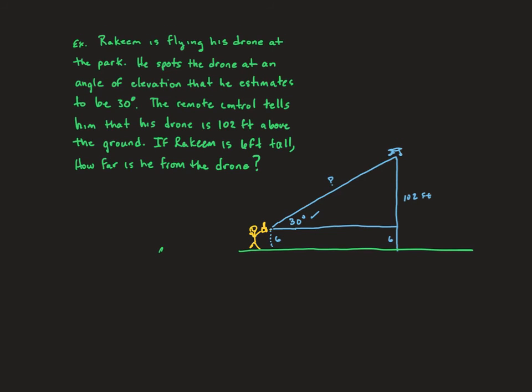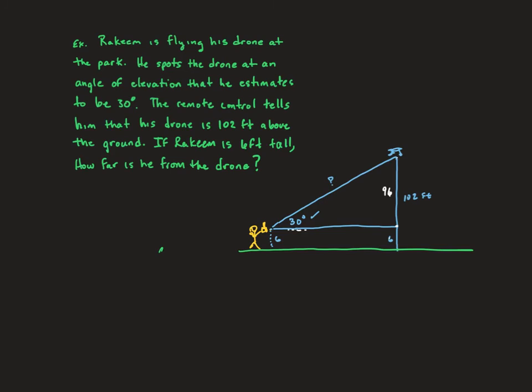Given his angle of elevation, if we drew a horizontal line straight across, this height is not 102 feet, but 102 minus 6. So the opposite measure is actually going to be 96 feet, because 96 plus 6 gives me 102 feet.